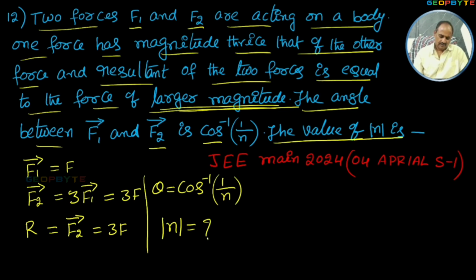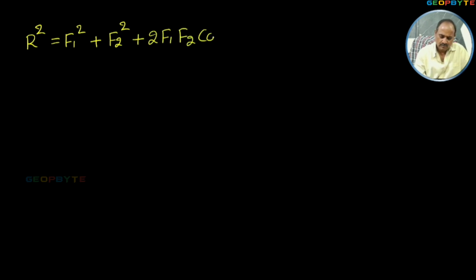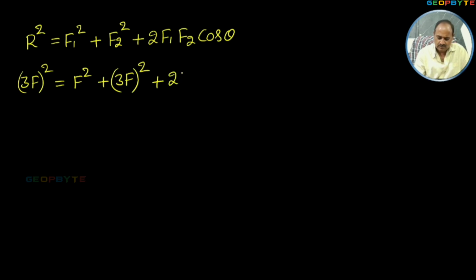That's the question. Now let us take the help of the parallelogram law. R square equal to F1 square plus F2 square plus 2F1 F2 cos theta. R equal to 3F, so (3F) whole square equals F square plus (3F) whole square plus 2 into F into 3F into cos theta. Are you following clearly? Yes.